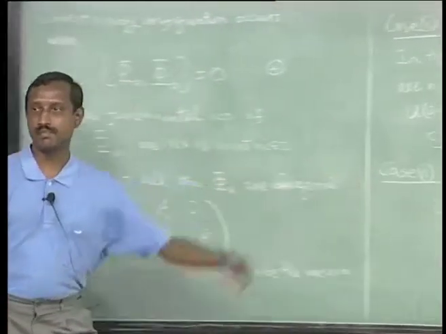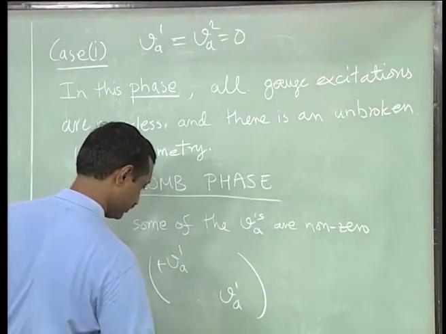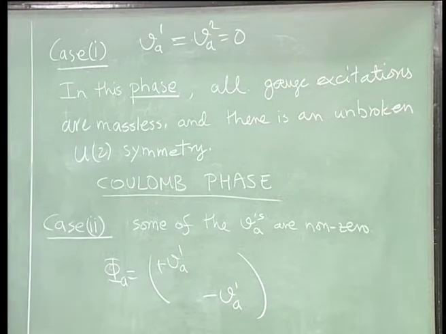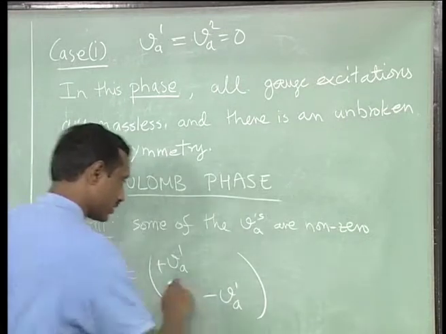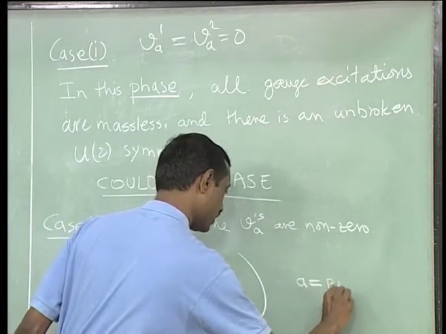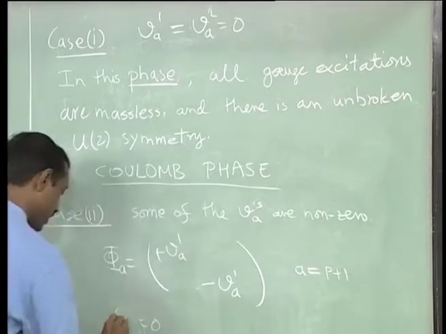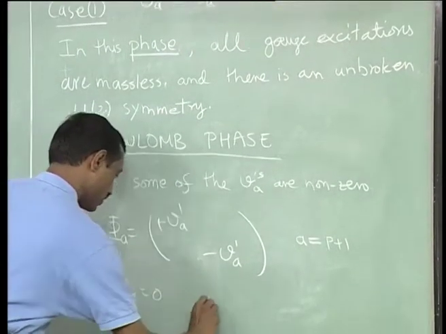I make it traceless by hand; I am choosing a subspace where it is traceless. They need not be the same for each one of these, or even better, let us just say this is only for one of them, say for A equal to p plus 1, and phi_A equal to 0 otherwise.